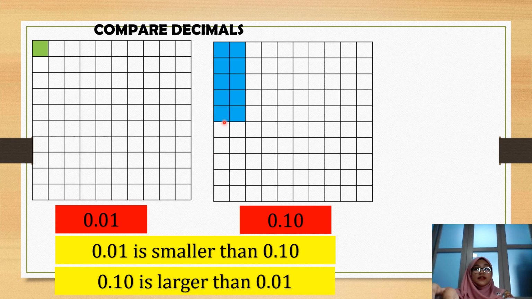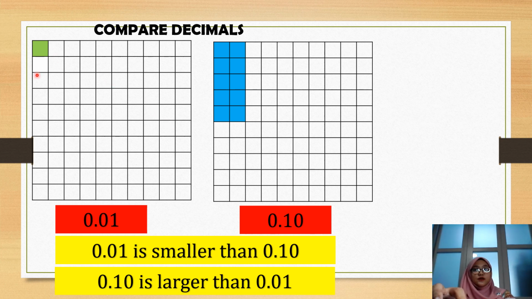It becomes 10 out of 100. So it becomes 0.10 or 0.1. Can you see which part is the largest or which part is smaller?